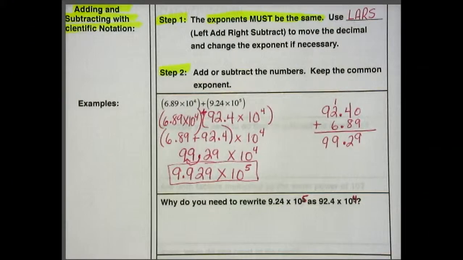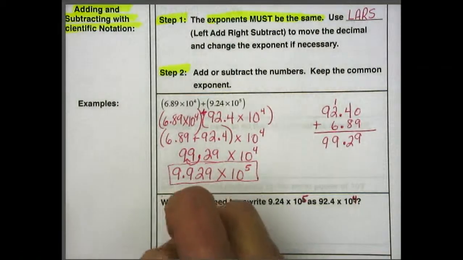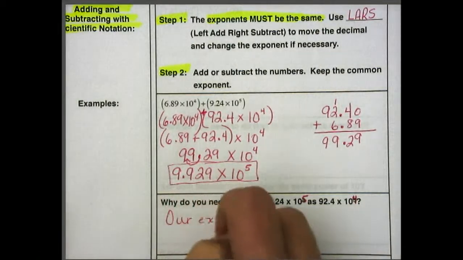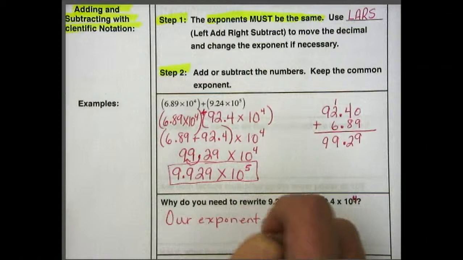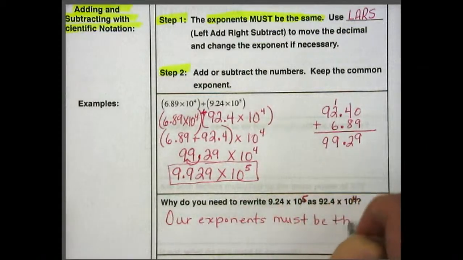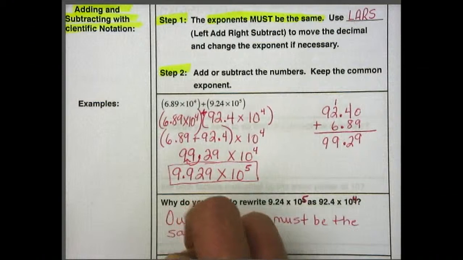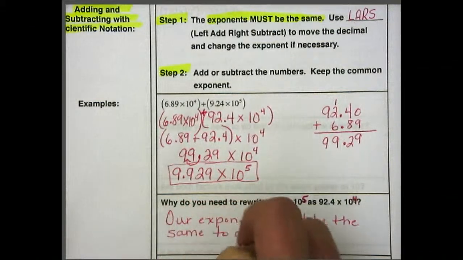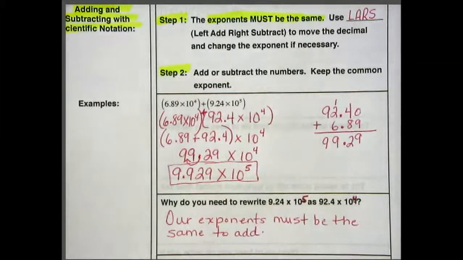Well, we have to do this because our exponents have to be the same. So our exponents must be the same to add. So that's the reason why we did it.